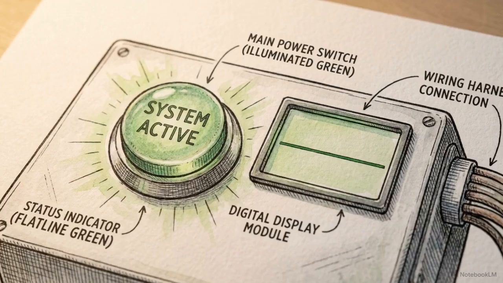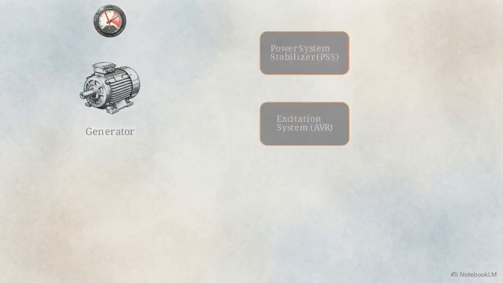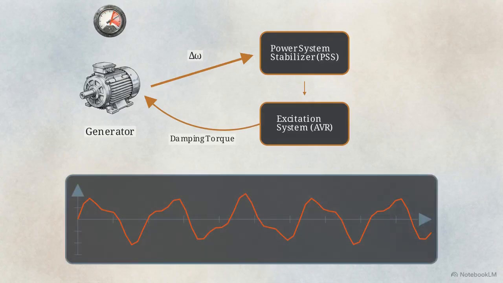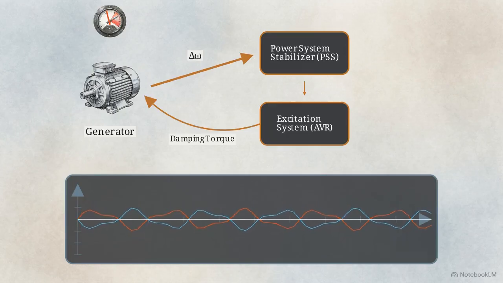Beyond physical design, grids use active electronic defenses called power system stabilizers to manage oscillations. A power system stabilizer modulates the generator's internal voltage by adjusting its field excitation in response to rotor speed changes. This modulation injects damping torque into the machine, creating an electrical force that counteracts the physical swinging of the rotor and stabilizes the frequency.